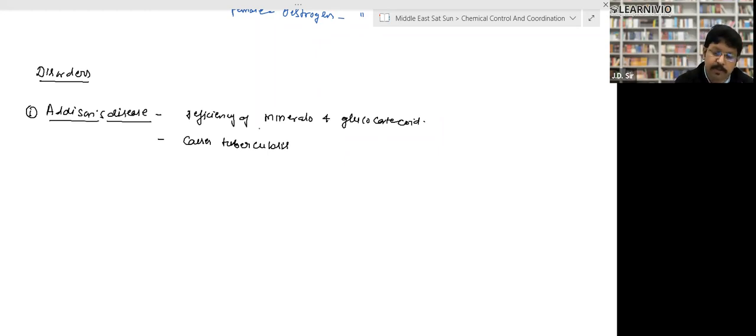So sodium level increases in urine and potassium level increases in blood plasma.